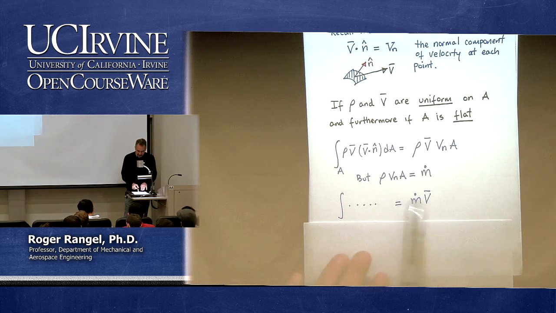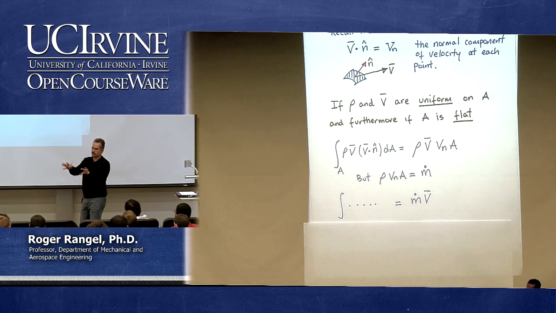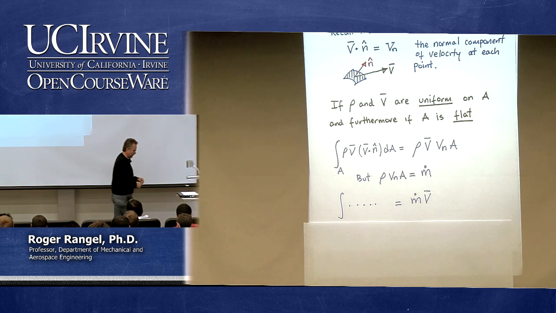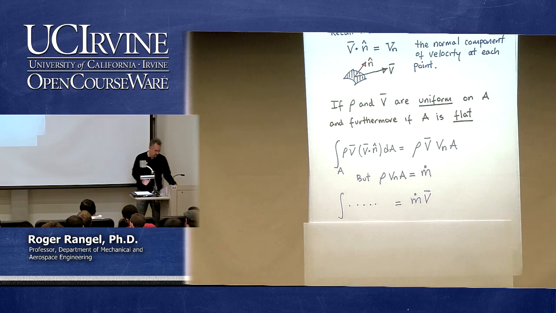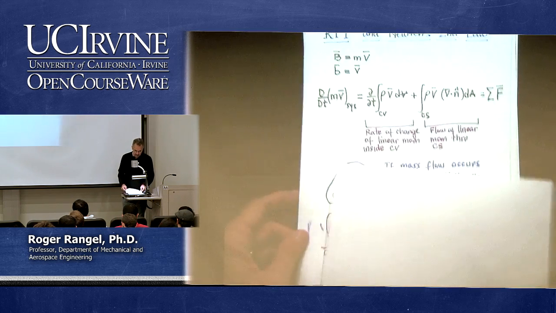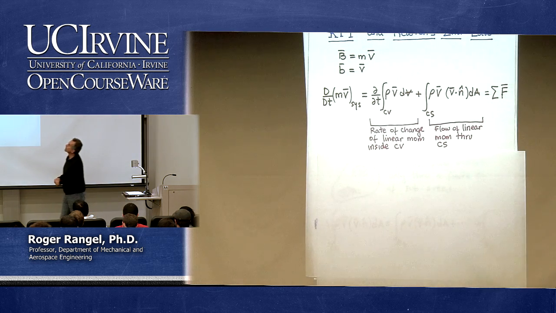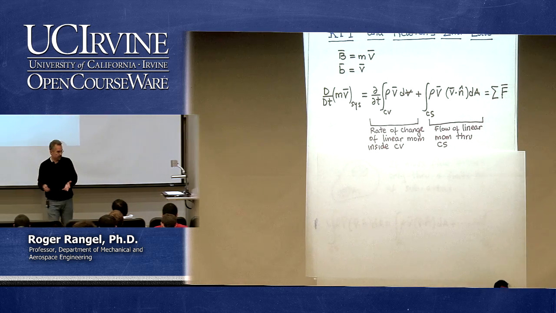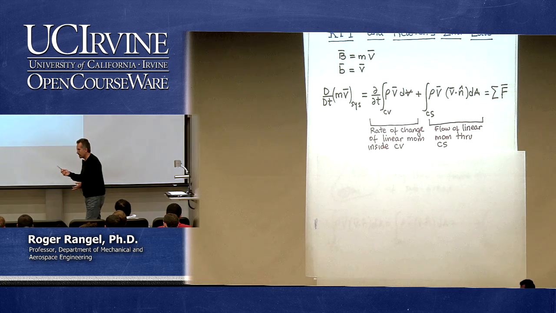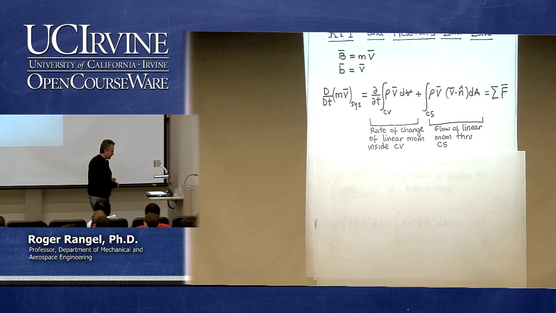Realize that this term is a vector. The product of the mass flow rate, which is a scalar, times a vector, gives me a vector. Another thing I should tell you, I didn't tell you earlier, so let me flash this equation back for a second. This equation is a vector equation. Newton's second law is a vector equation. Sum of forces equals MA. The forces are vectors, and so is the acceleration.